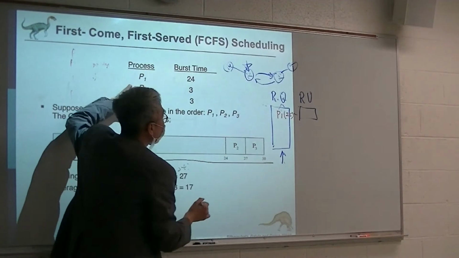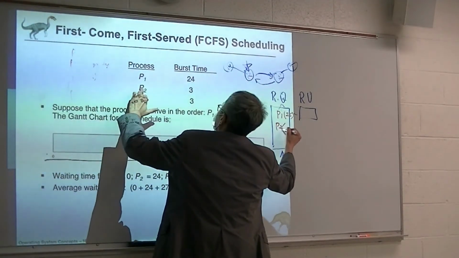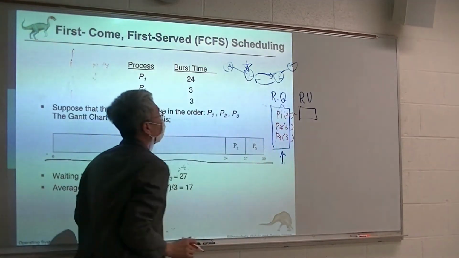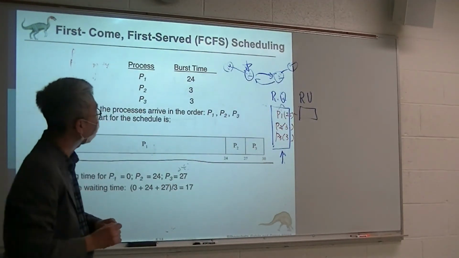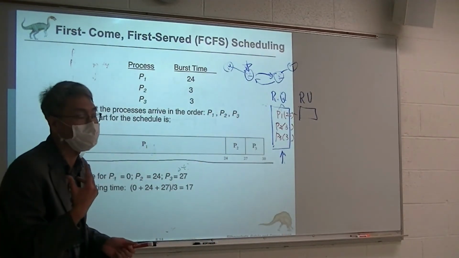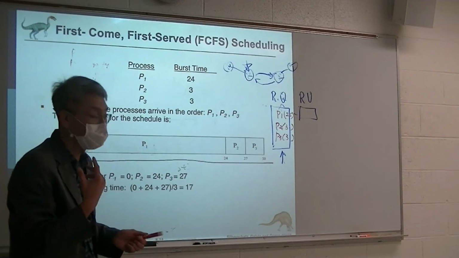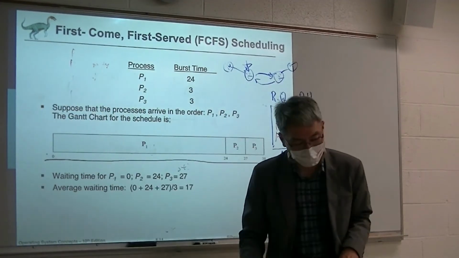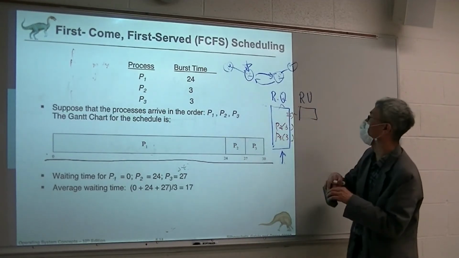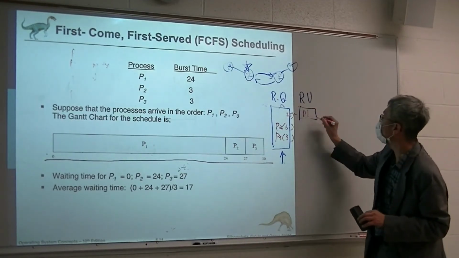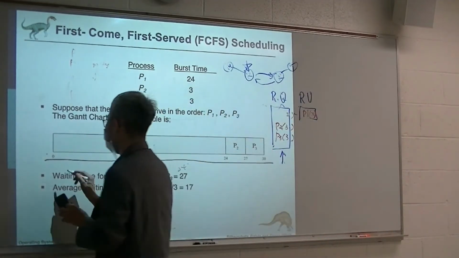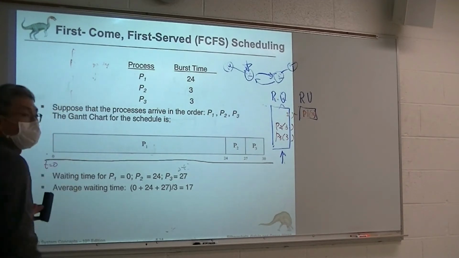Then process two is alive, with 3. Process 3 is alive, with CPU time 3. This is the ready queue, and this is the running. Which one will be selected first? P1, because it's first in, first out. So we take P1, 24, from the ready queue. This is the current status when time is 0.